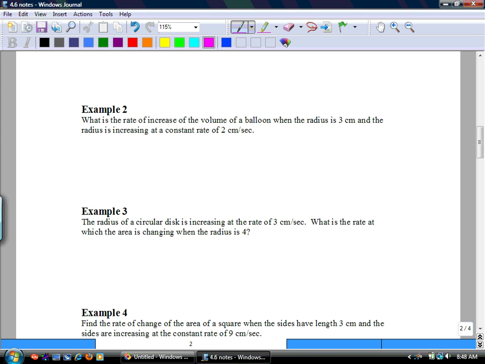So, what is the rate of increase of the volume of a balloon when its radius is 3 centimeters and the radius is increasing at a rate of 2 centimeters per second?